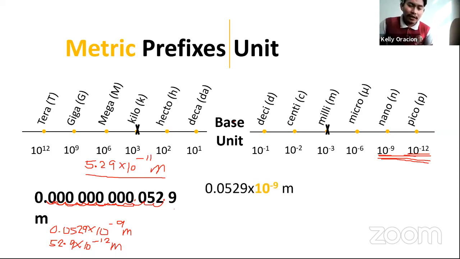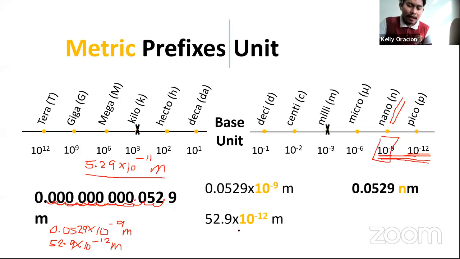So for 10 raised to negative 9, what changes is nano. It is no longer 10 raised to negative 9 but 0.0529 nanometer. Okay? 10 raised to negative 9 is replaced by nano because 10 raised to negative 9 is the same as nano.